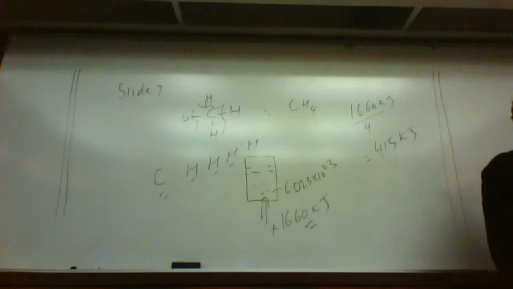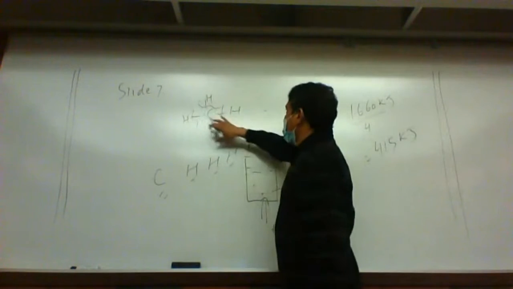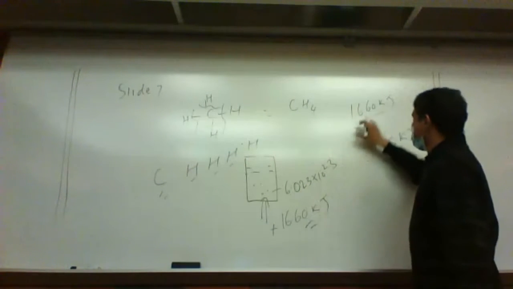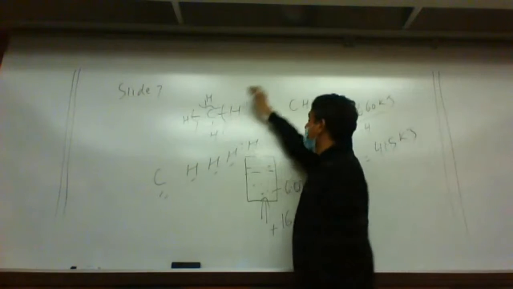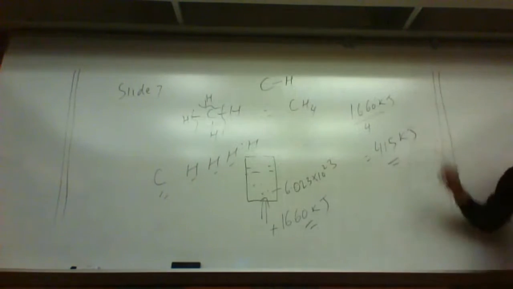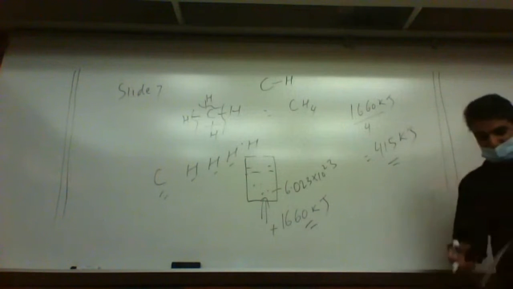Make sense? If you are breaking all 4 bonds from the CH4 of that many molecules, you need 1660 kilojoule. But if you are talking about only 1 bond in the CH4, we need to supply 415 kilojoule per mole. Make sense? So that's how it works.